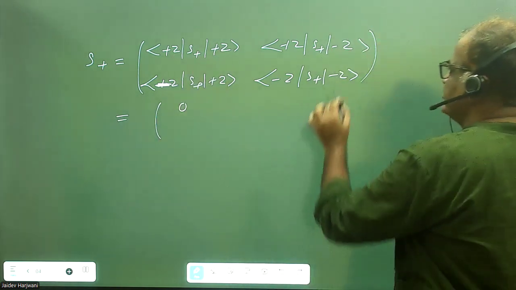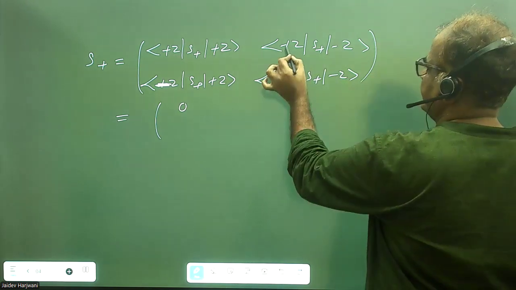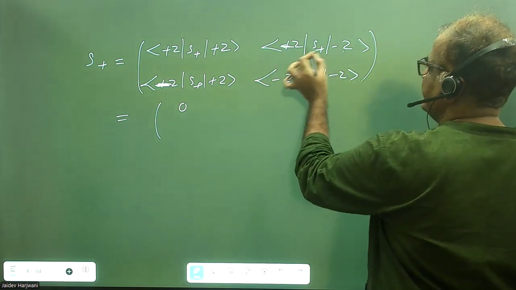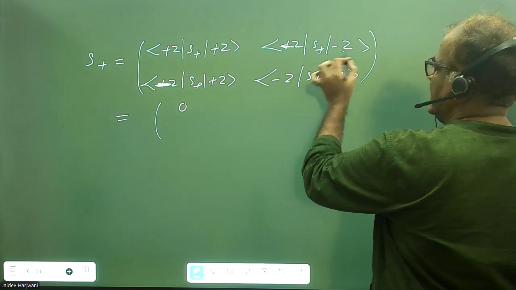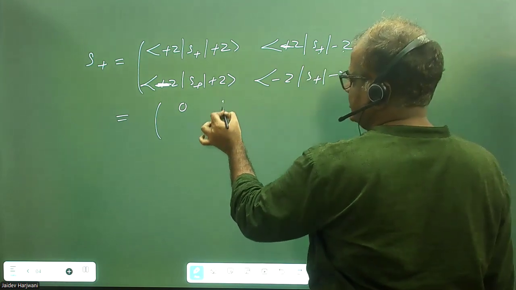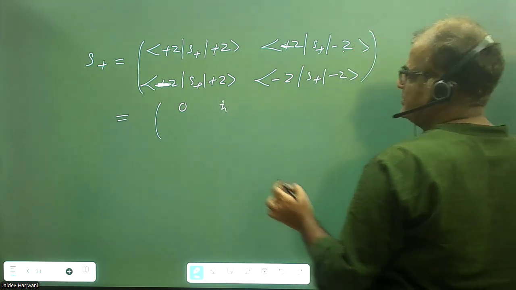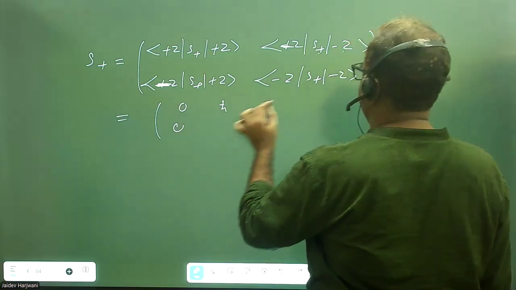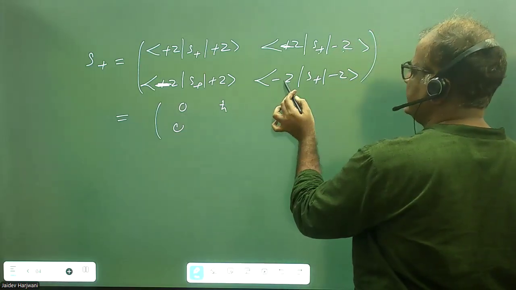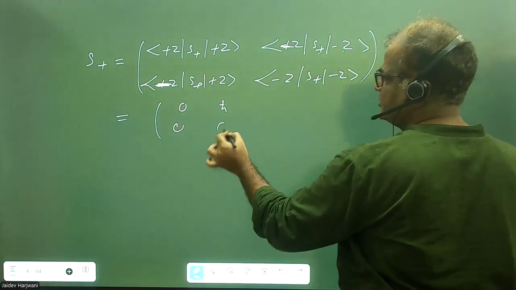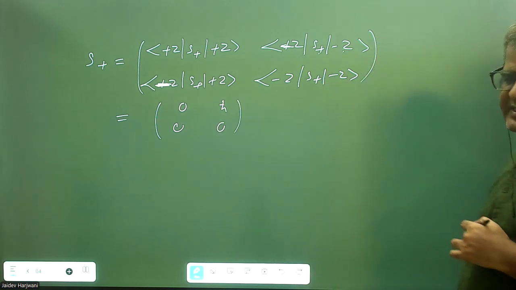When it operates on minus Z, it becomes plus Z and you get the eigenvalue ħ. So this will be ħ. Similarly, the others become 0. So this is S plus.